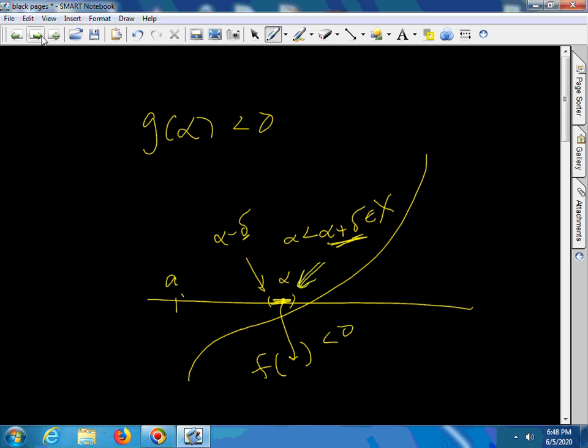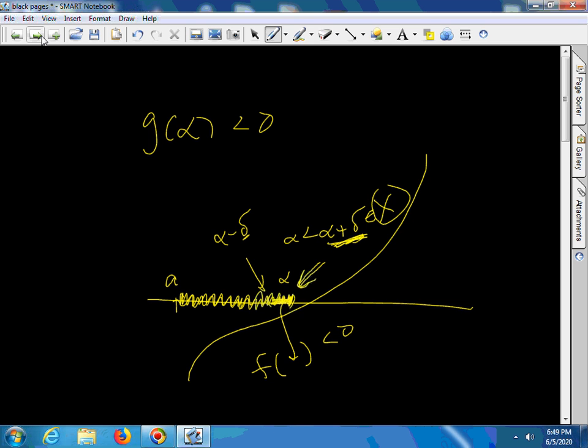Because from A all the way up to alpha plus delta, g of all of those values is less than or equal to 0. By definition, alpha plus delta is in X.